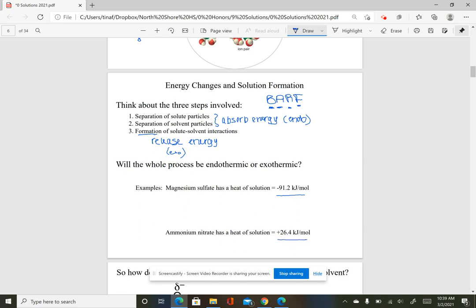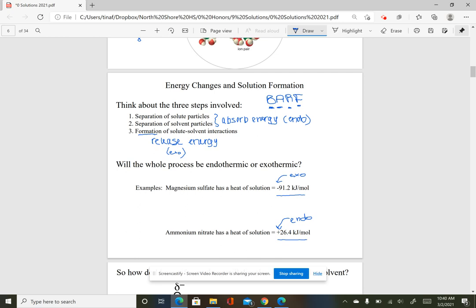So if they give you a written reaction and they give you the heat of solution, you can look at if it's positive or negative. If it's negative, that means that heat is being released. It's getting rid of that much energy in total. It has a net loss. Where if it's positive, that means that overall I gained more in the beginning breaking the intermolecular forces than I did when forming new ones. So if you're given this number, you can just look at the sign.